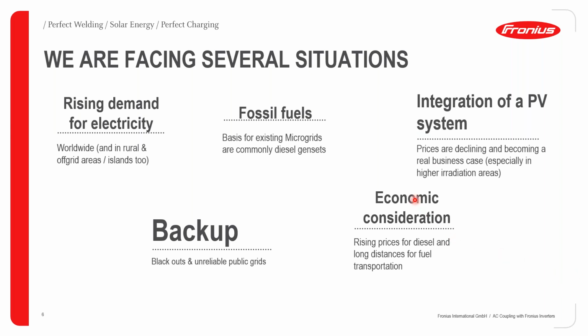So a PV system can play a big role in mitigating some of these challenges, because the prices of PV equipment have been declining over the last couple of years, and it has become a real business case to retrofit or integrate a PV system into an existing microgrid scenario, or when one is not in existence, you can fully power up a microgrid setup with PV only, even excluding a genset in this case.